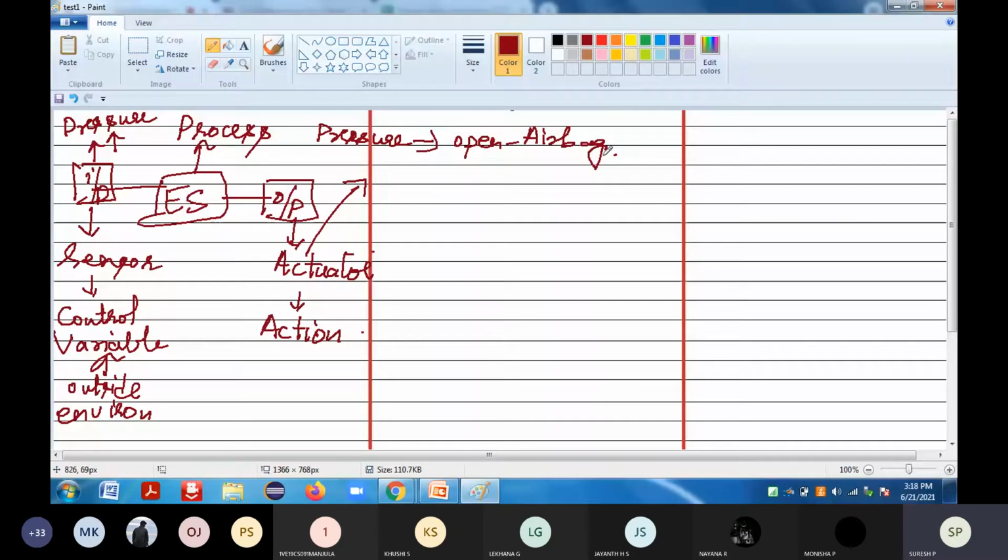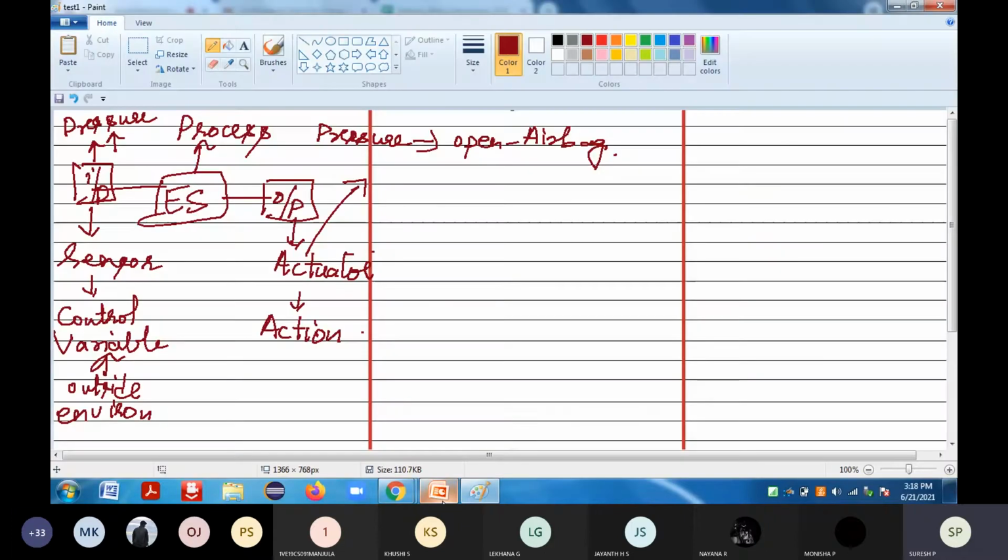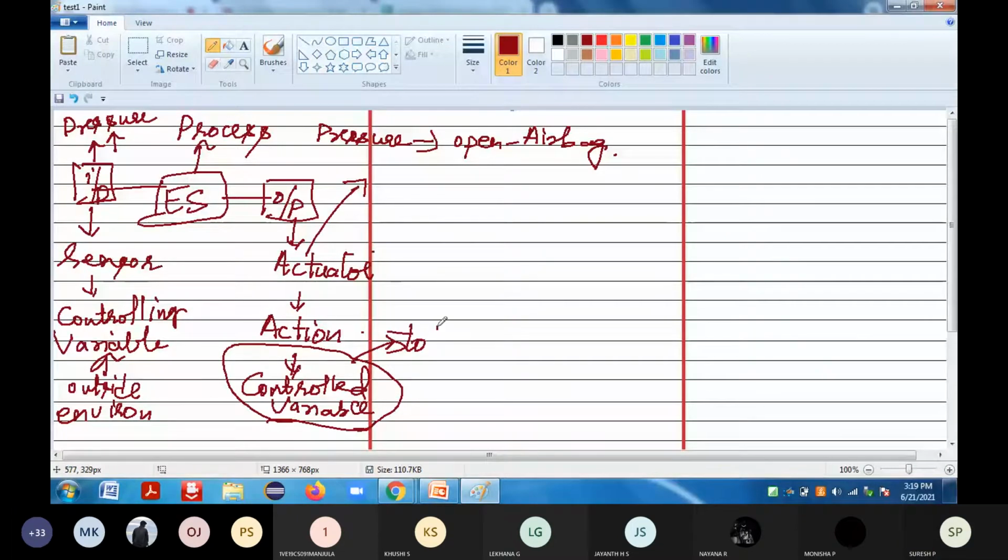In an embedded system, for controlling purposes, the system will produce some change in the controlling variable to bring the controlled variable to a desired value. So you have the controlling variable at the input side, and after taking the action, you have the controlled variable, which has to be brought back to some point.